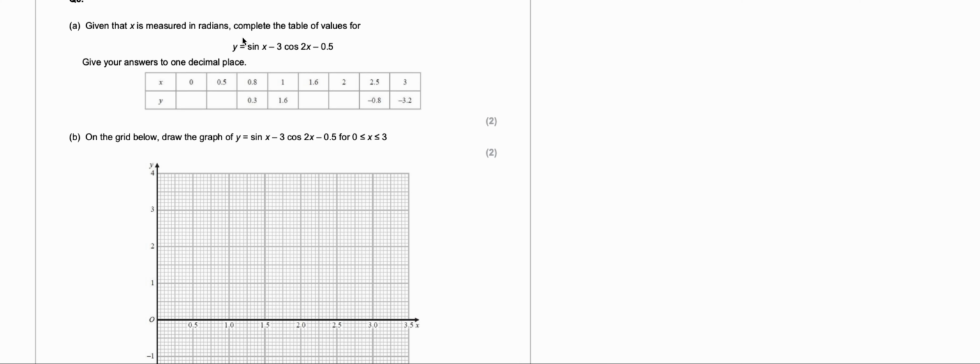Given that x is measured in radians, complete the table of values. So most of you did a pretty good job with the table of values. So just straight up calculator work. You've got minus 3.5, minus 1.6, 3.5, and 2.4.